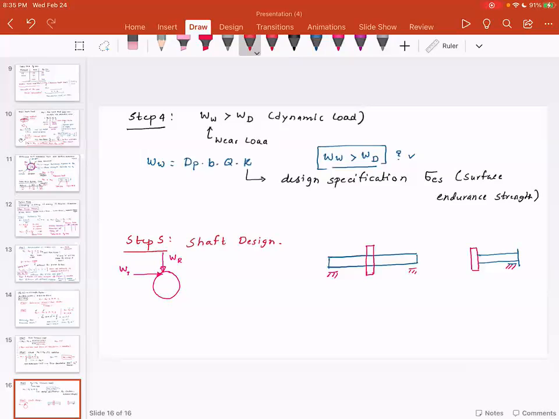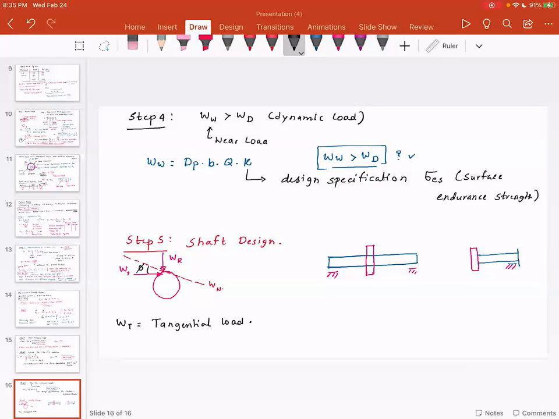But the actual force that is being transmitted is along the pressure angle, which is Wn. So Wt is the tangential load, and this tangential load is going to make the pressure angle phi.